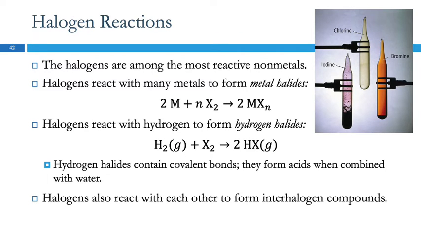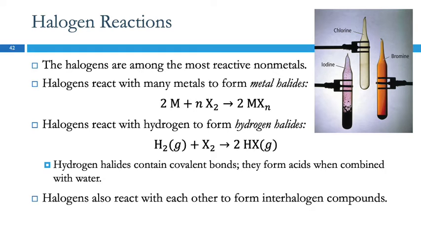The halogens are among the most reactive nonmetals. So we just talked about how the alkali metals react with the halogens to form metal halides. Well, the halides can react with other metals also. And again, to predict this product, you're going to find out, well, what's the charge on that metal ion?